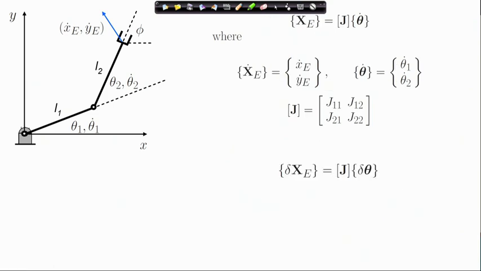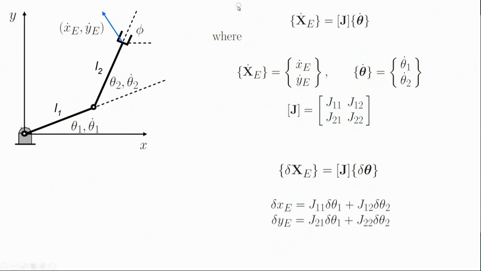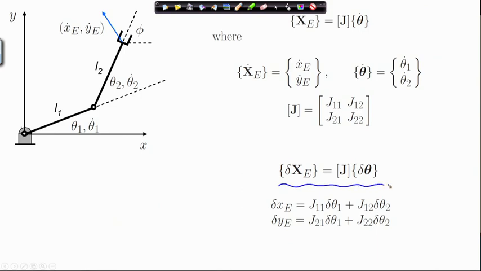Now, starting from there, we can write the virtual displacement relations when we freeze time and provide an arbitrary input virtual displacement delta theta and obtain the corresponding output virtual displacement delta x_e, and they are related through the Jacobian as we observe here.